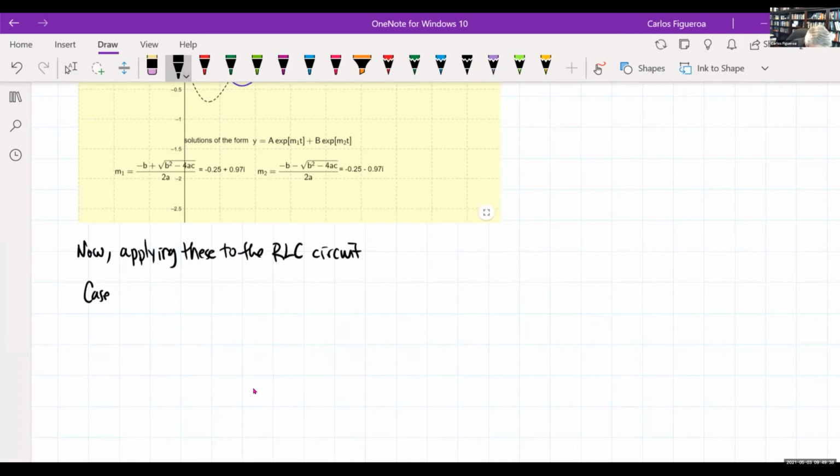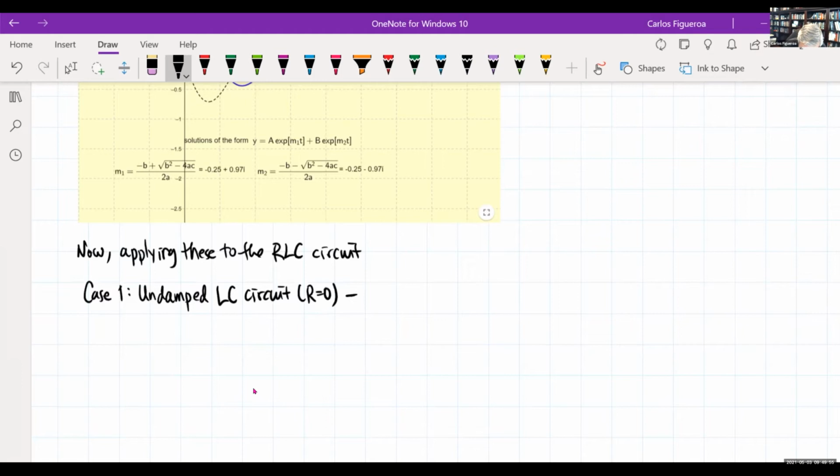We have case 1, which is an undamped LC circuit. And what we showed here, right? In other words, there's no resistance.